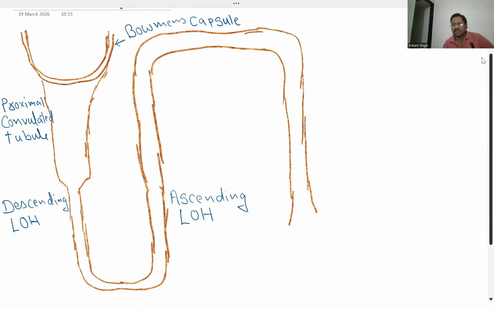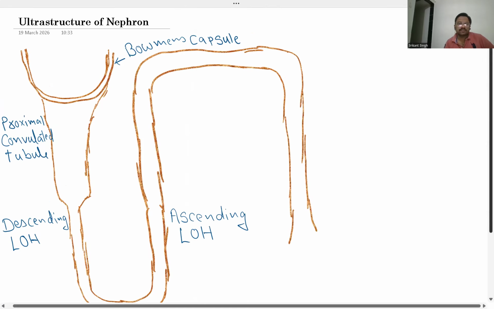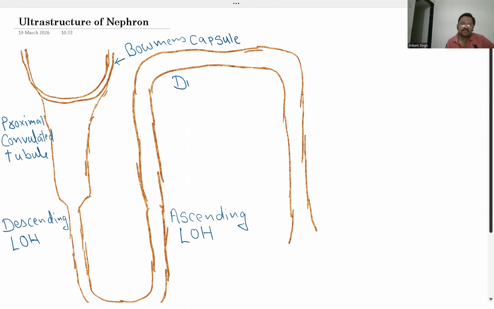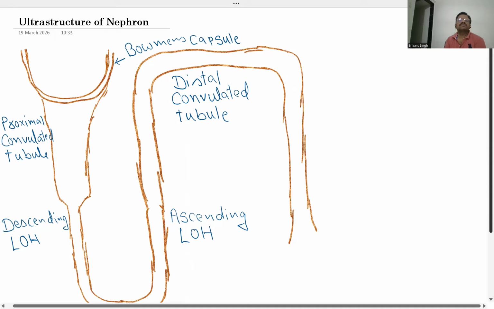In short form, we write it like this. And it is the DCT, which stands for distal convoluted tubule. And it is the collecting duct, the duct of Bellini.